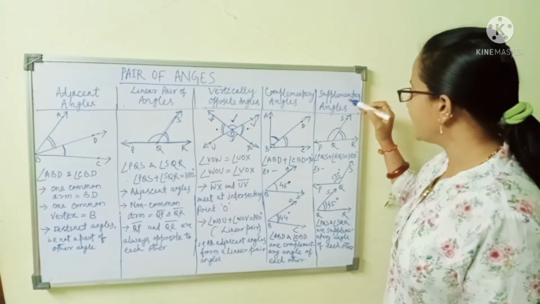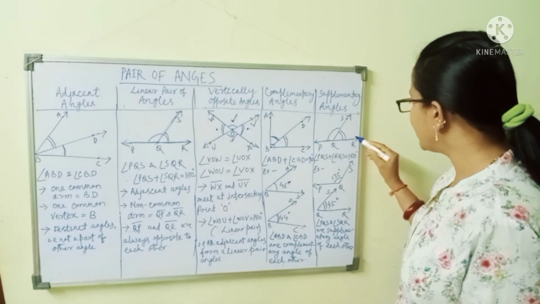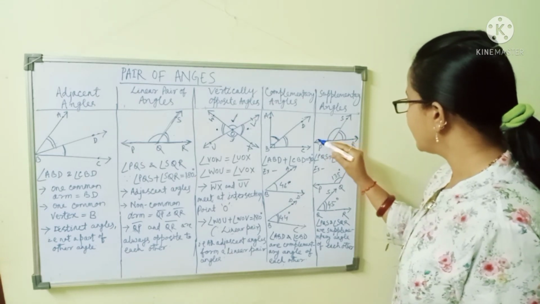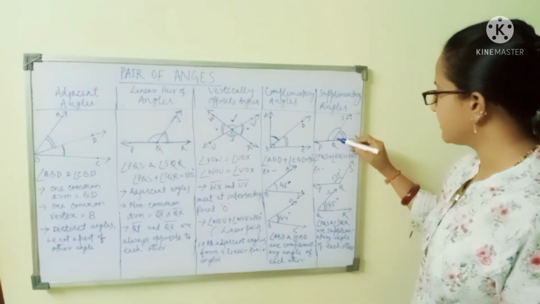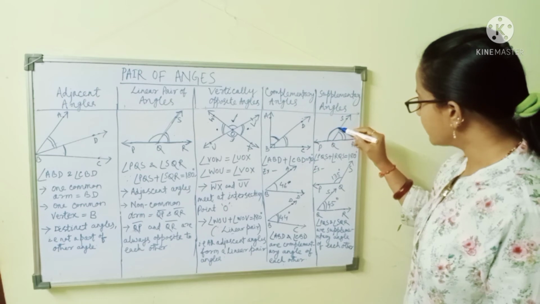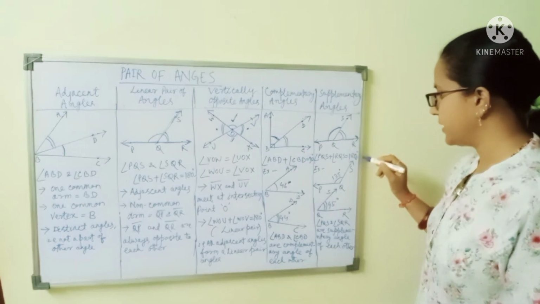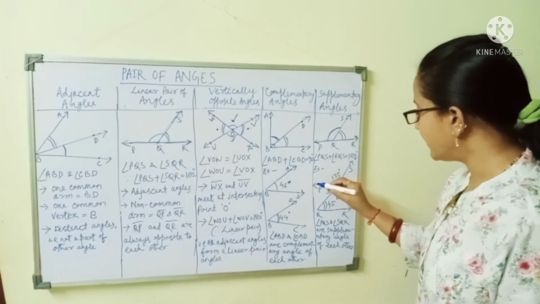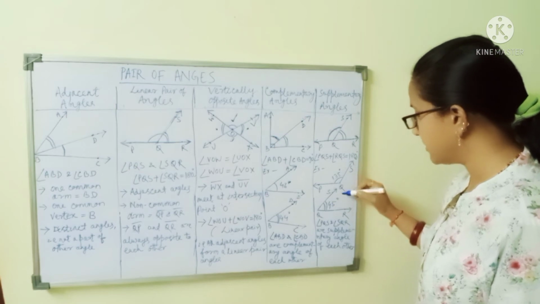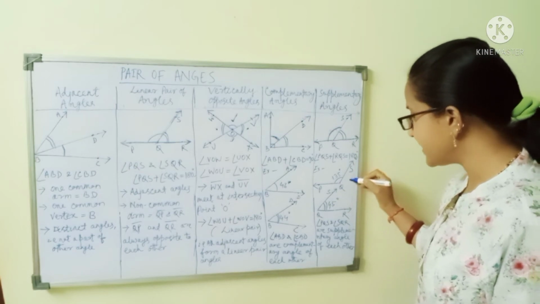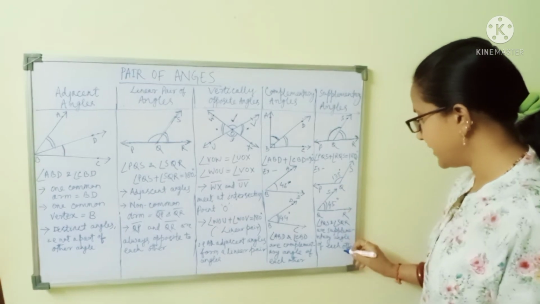Next is supplementary angles. A linear pair of angles is the best example of supplementary angles. The sum of these two angles will always be equal to 180 degrees. But if they are represented separately, and the sum of these two angles is equal to 180 degrees, then those angles are supplementary to each other.